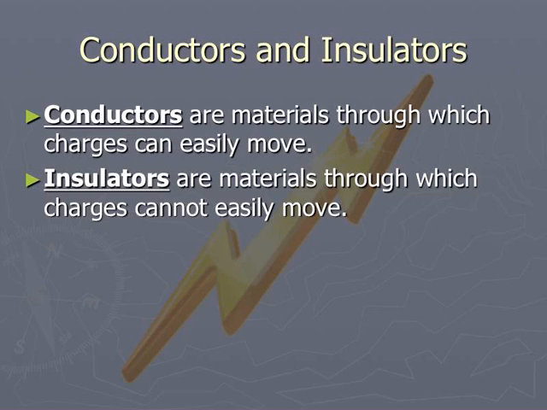Those are all materials through which electrons do not easily move. What about water? Pure water, like distilled water, is actually an insulator. Even tap water is a pretty good insulator. However, if you add something else to it, like some salt, then it can conduct electricity better.